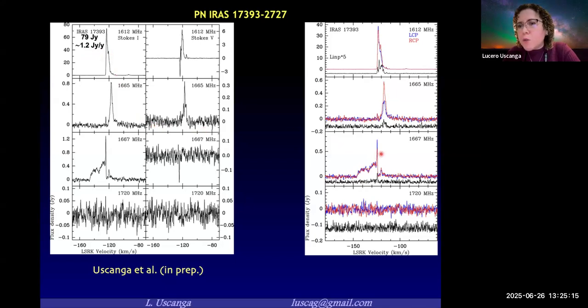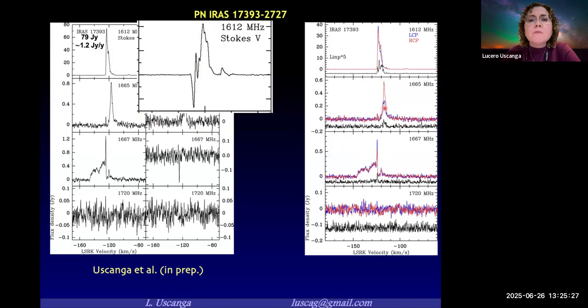Here you can see also the left and right circular polarization, but in this case, we were not able to identify this shift between the left and the right circular polarization, but we do find this pattern in the Stokes V at this frequency, 1612 megahertz.